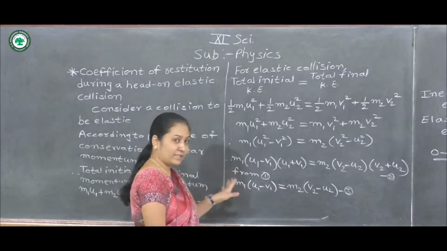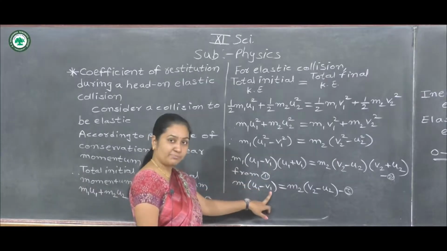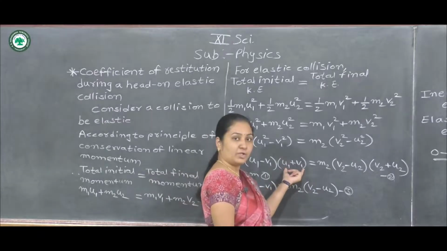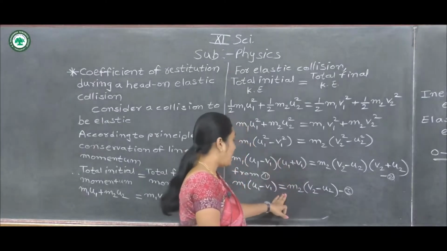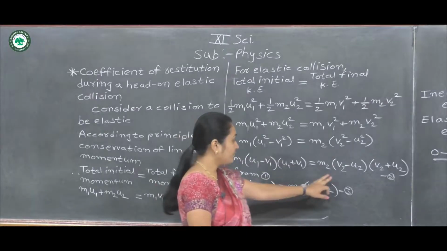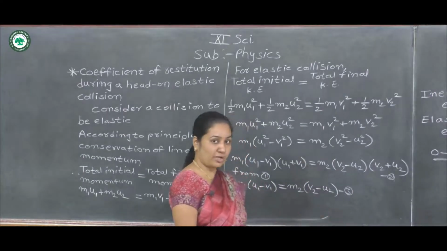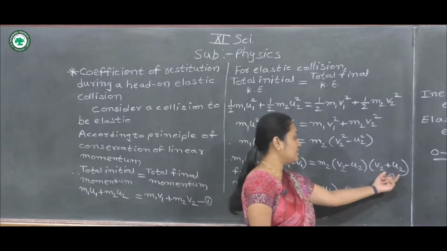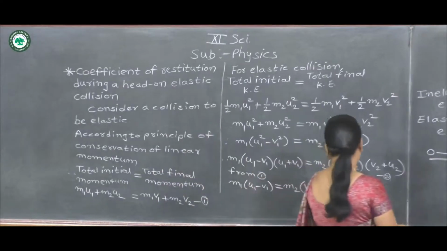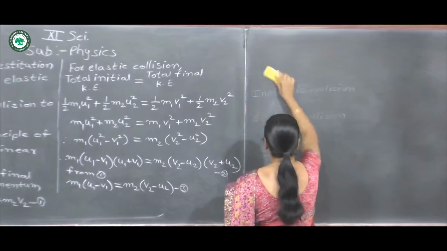So m1 gets cancelled. u1 minus v1 divided by u1 minus v1 also cancel. Remaining term u1 plus v1 is equal to m2 and m2 gets cancelled. v2 minus u2 divided by v2 minus u2 also cancel. Remaining term is v2 plus u2.